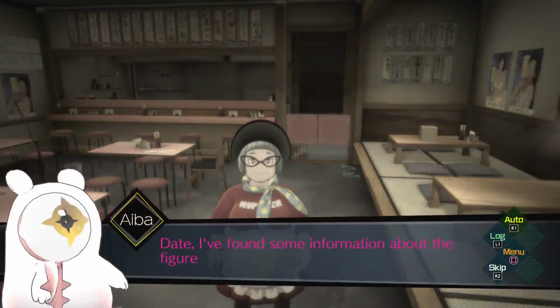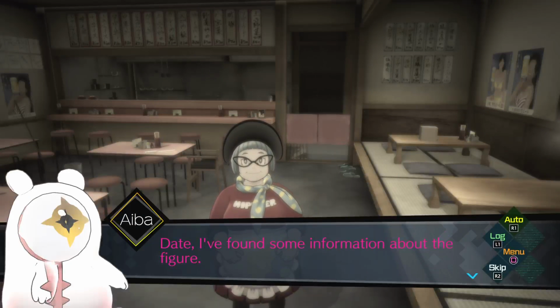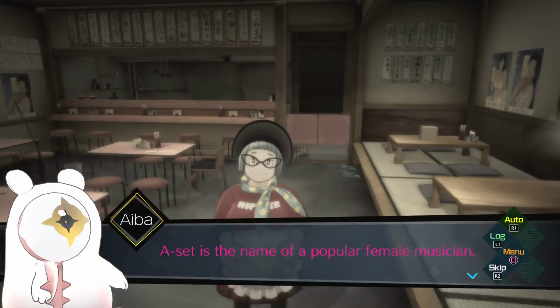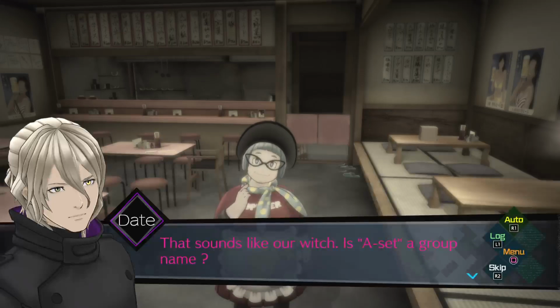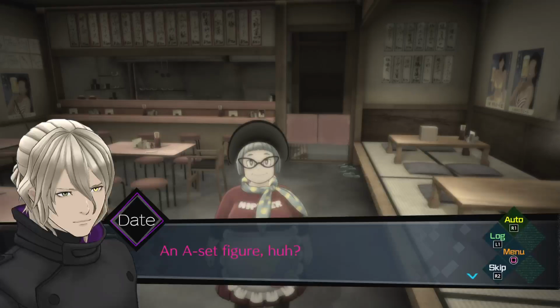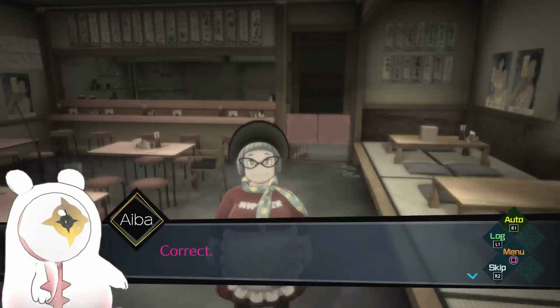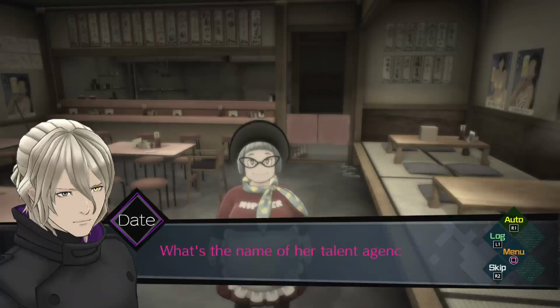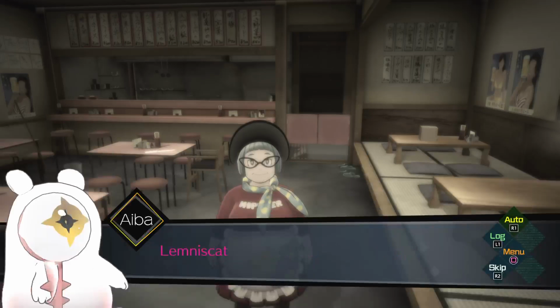Date, I found some information about the figure. Aset is the name of a popular female musician. That sounds like our witch. Is A-Set a group name? No, it is a single artist. An A-Set figure, huh? Correct. What's the name of her talent agency? Lemniscate.